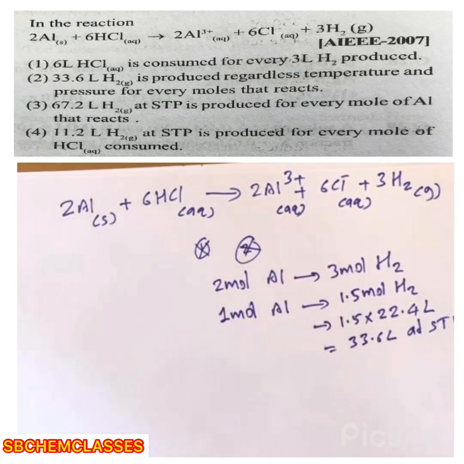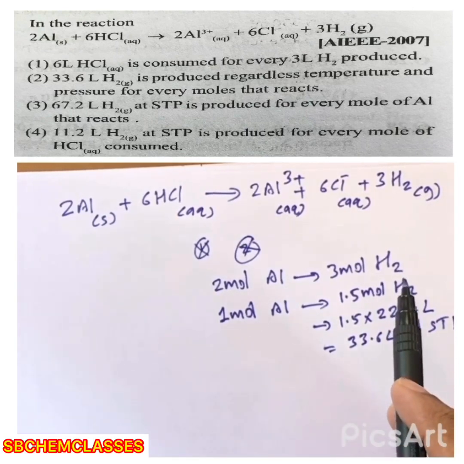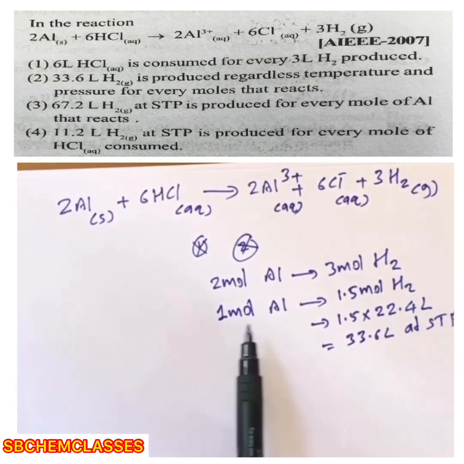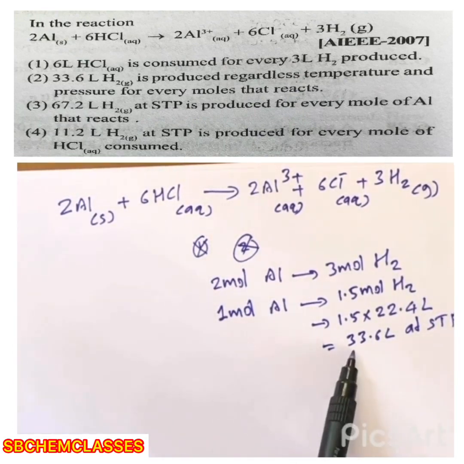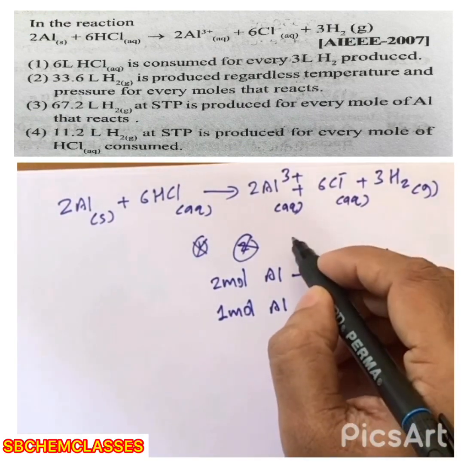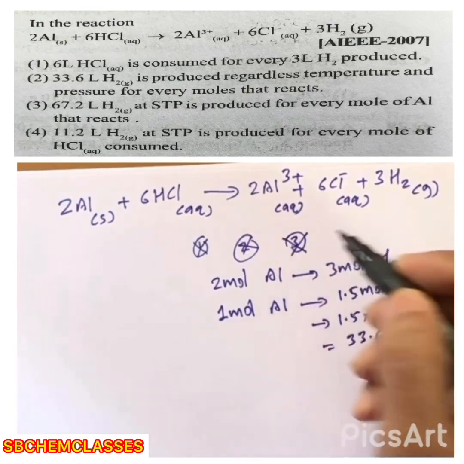What about option 3? 67.2 liter H2 is produced for every mole of aluminium. That is already explained. 1 mole aluminium gives 33.6 liter H2, not 67.2. So option 3 is wrong.